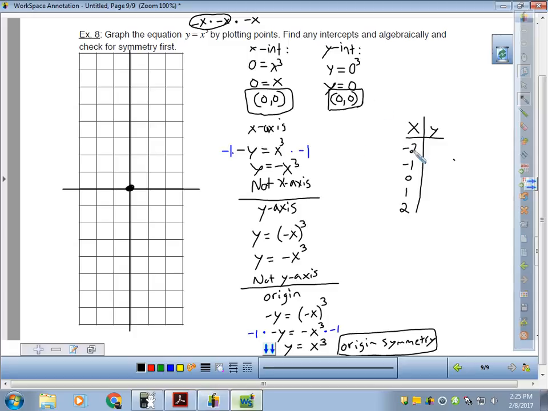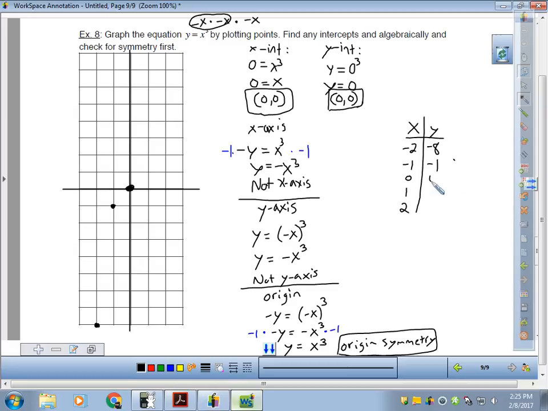So if we take negative 2 and we plug it in here, negative 2 cubed, we get negative 8. 2, 3, 4, 5, 6, 7, 8, all the way down there. If we take negative 1 and we plug it into this equation, negative 1 cubed, we get negative 1. That's right there. If we take 0 and plug into this equation, 0 cubed is 0.